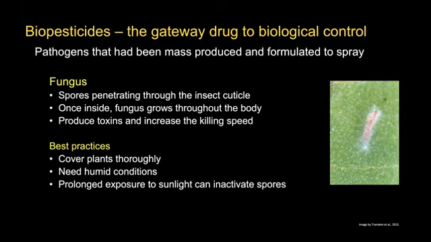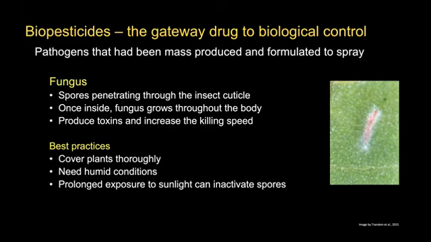So for the biopesticides which are based on fungus, they work as a contact pesticide, meaning once the insect pest gets in contact with that fungus, those spores of fungus will penetrate through the insect's cuticle, and they will start growing within the body of that insect pest and eventually result in killing it.